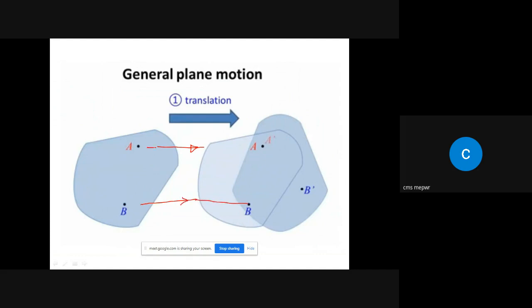The path followed by point A and the path followed by point B will be almost identical because it is translation, and the relative position of point B with respect to A, RB/A, will remain the same, because we know that in translation the relative velocity of both points remains the same.